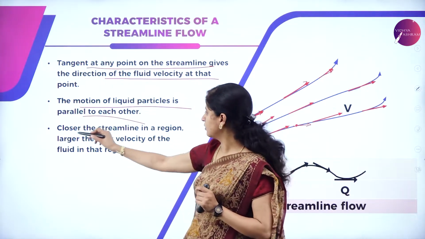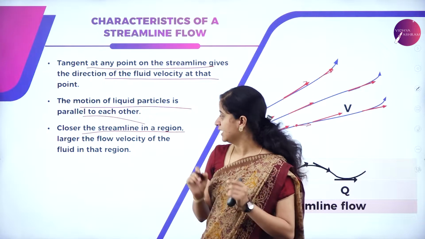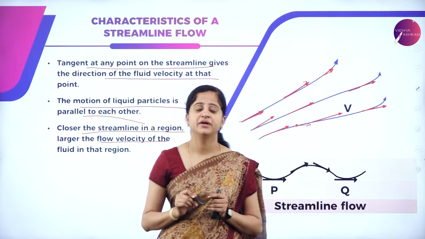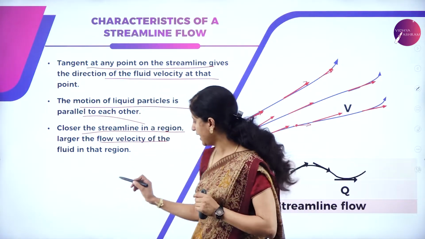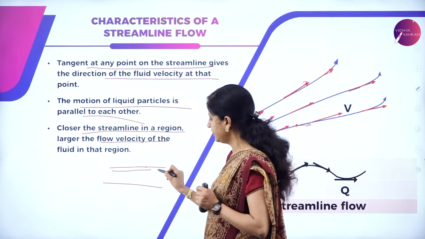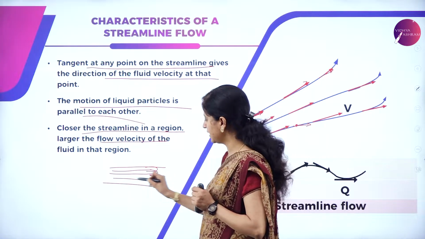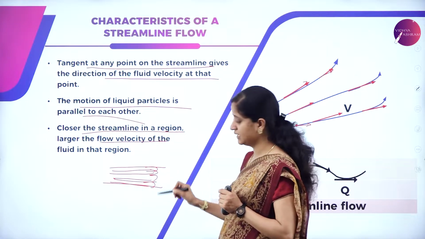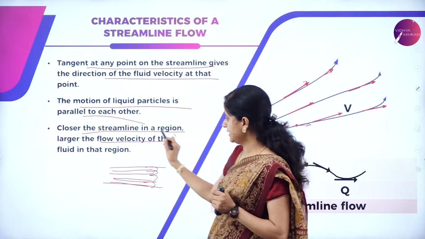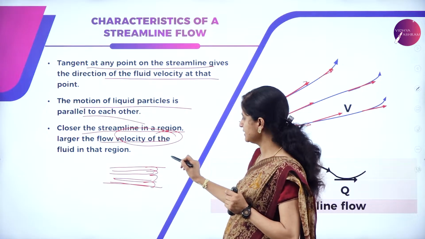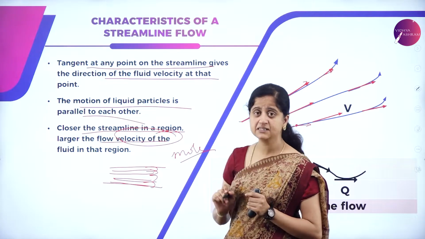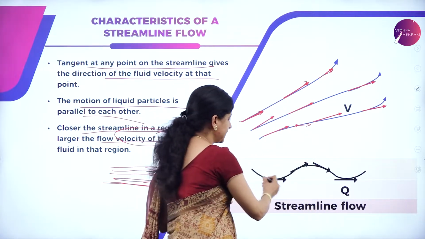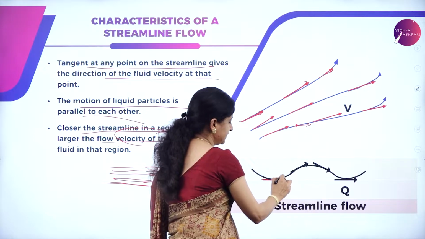So the next one is: the closer the streamlines in a region, the larger the flow velocity of the fluid in that region. So if we have a region like this, and if we have closer streamlines in this particular region, it says that the velocity of the fluid in this region is more. The velocity is more. You can observe this pattern as well. Here I have written a tangent.